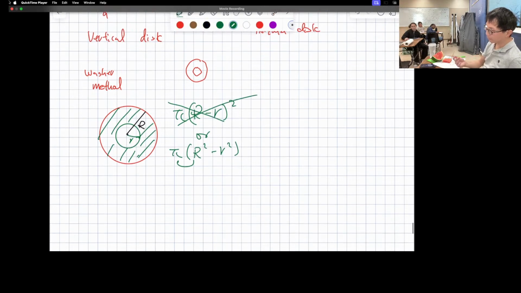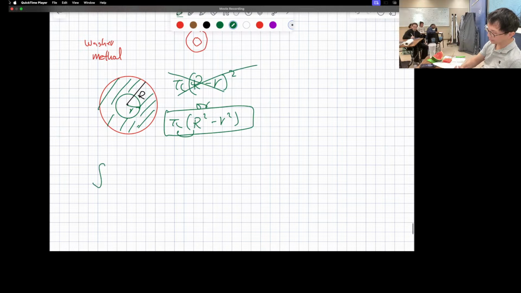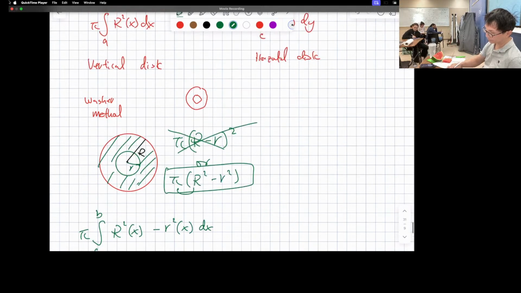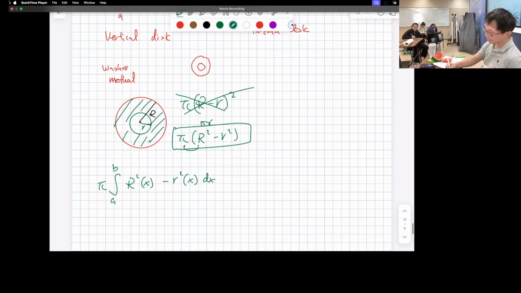So in order to use the washer method, you really need to base it on this formula. The washer method is going to be the integral from a to b of pi times (R squared of x minus r squared of x) dx. And the second one could be horizontal, from c to d.